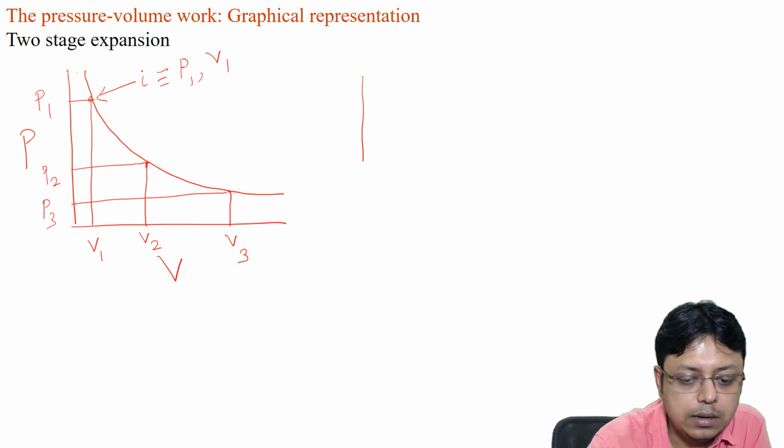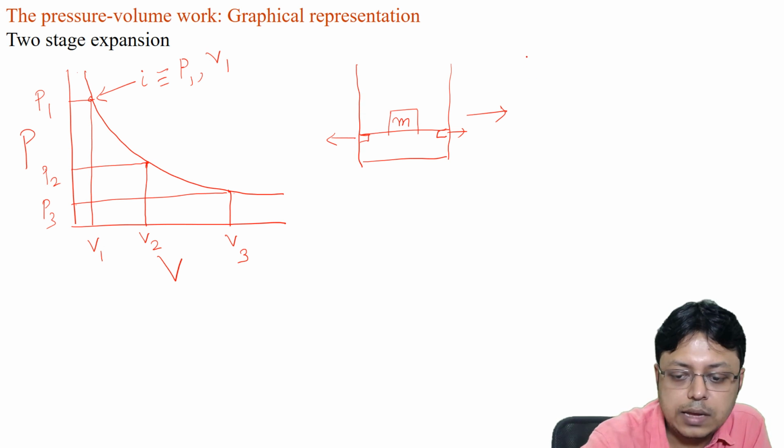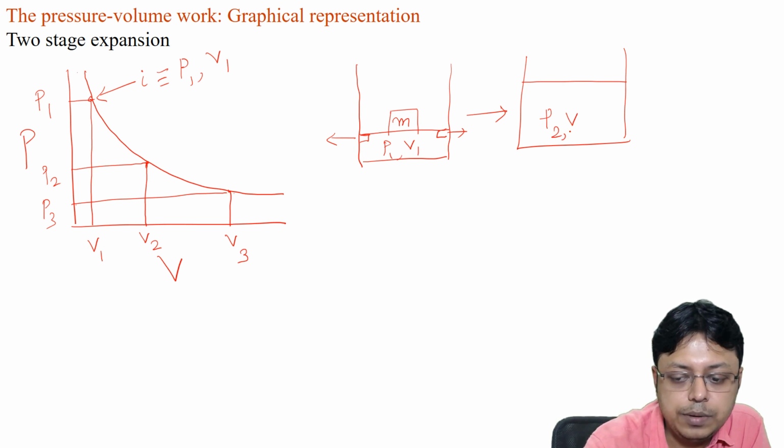Now what does it mean? That means we had put a piston here with some mass, say M, and we let the system expand to a certain stage. In the first stage we remove these pins, and as soon as we remove the pins, the gas expands from an initial state P1 V1 to an intermediate state P2 V2.